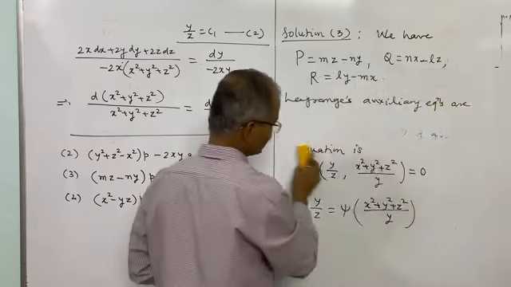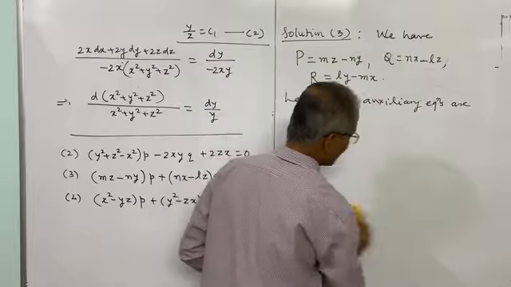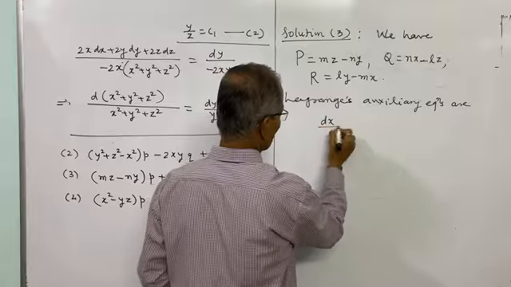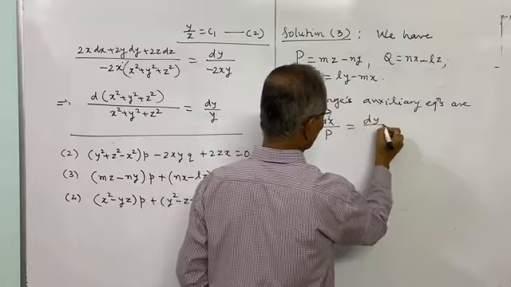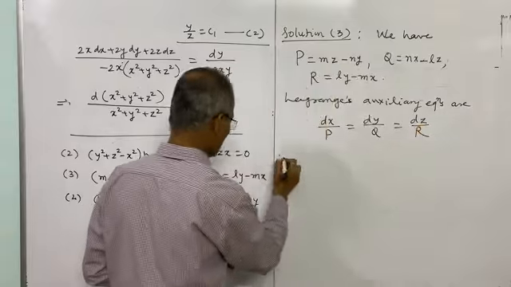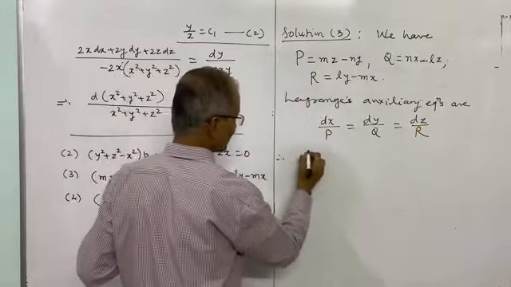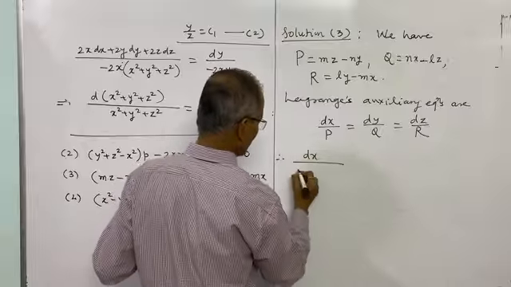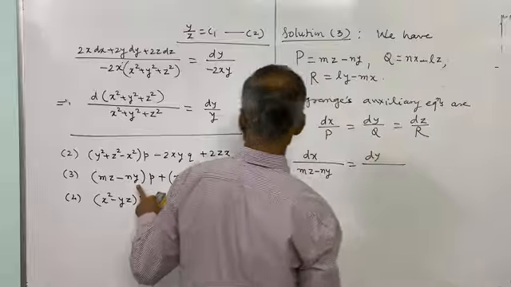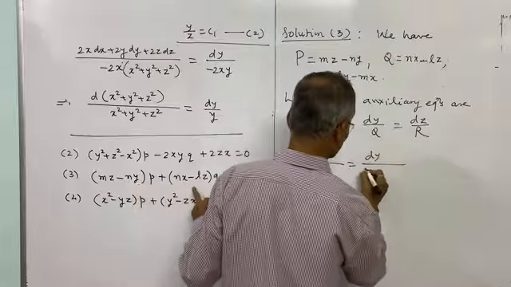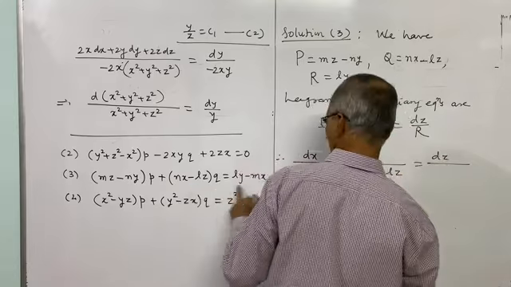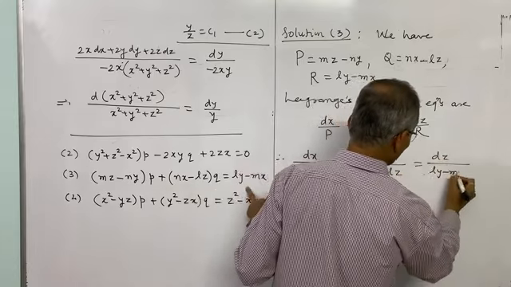and these are, so we know, dx upon P is equal to dy upon Q is equal to dz upon R, or that is dx upon mz minus ny is equal to dy upon nx minus lz is equal to dz upon ly minus mx.